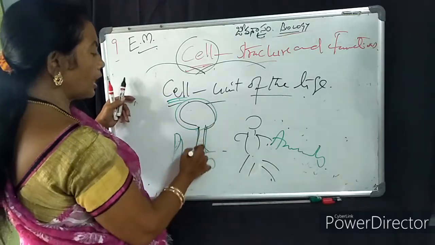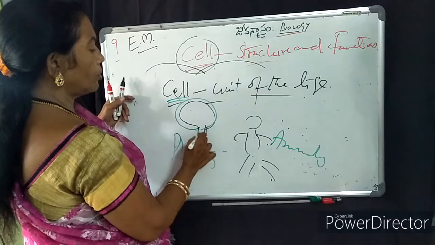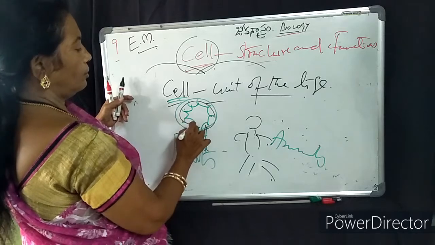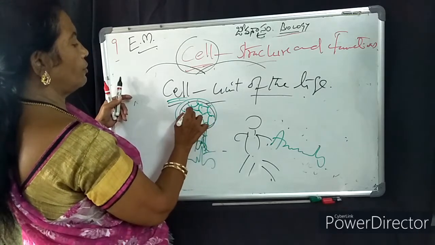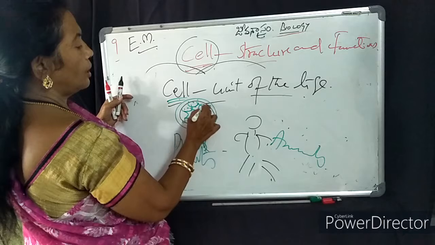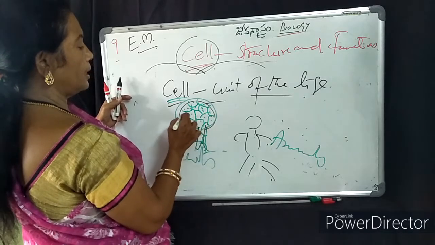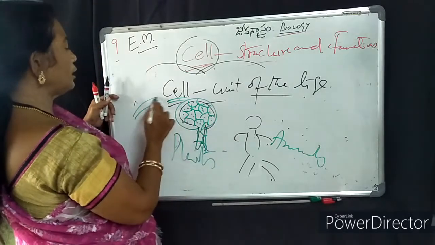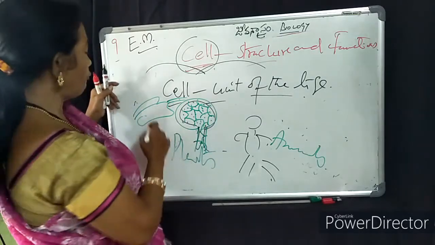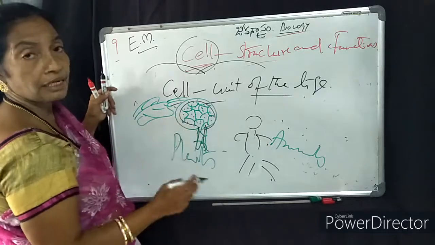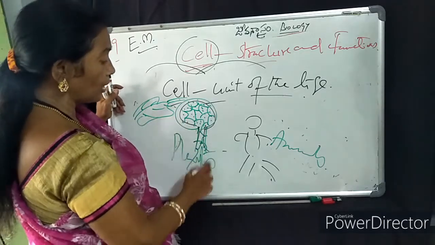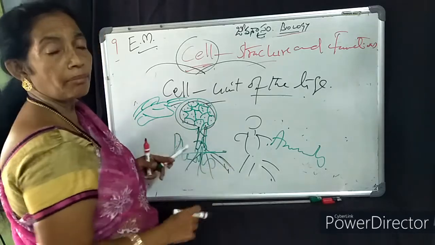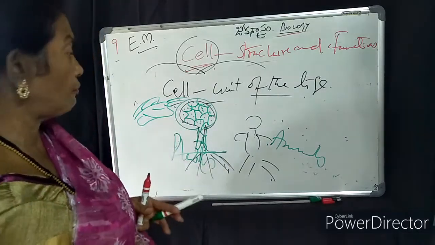When we come to a plant, you have to draw like this. This is just a picture showing that all plants have cells in their body. If you cut the leaf, you see many lakhs of crores of cells. If you cut the root also, you can find lakhs of crores of cells.